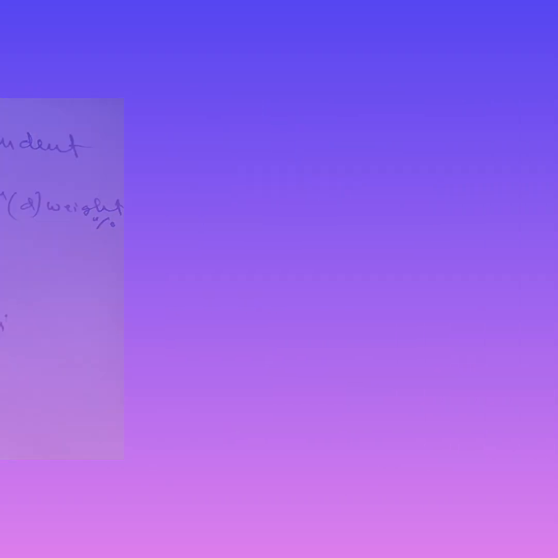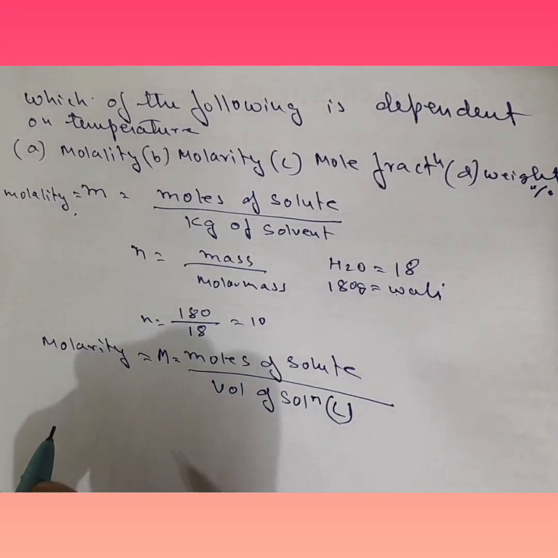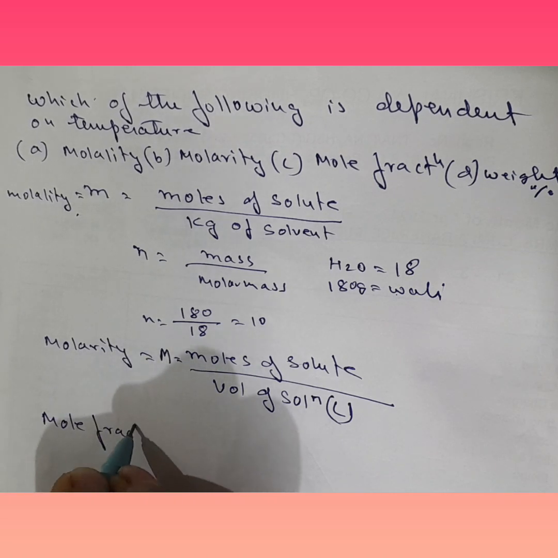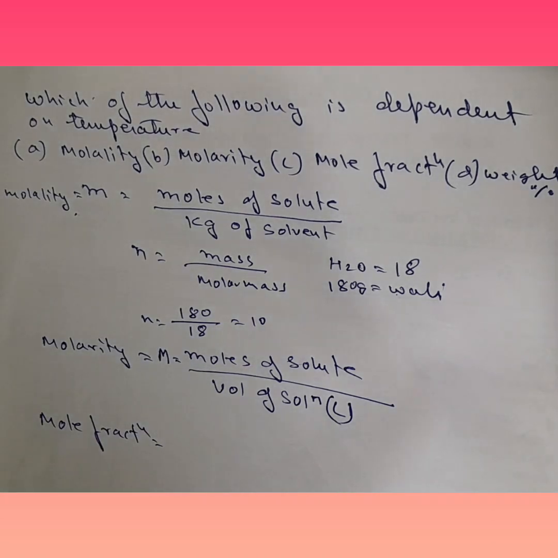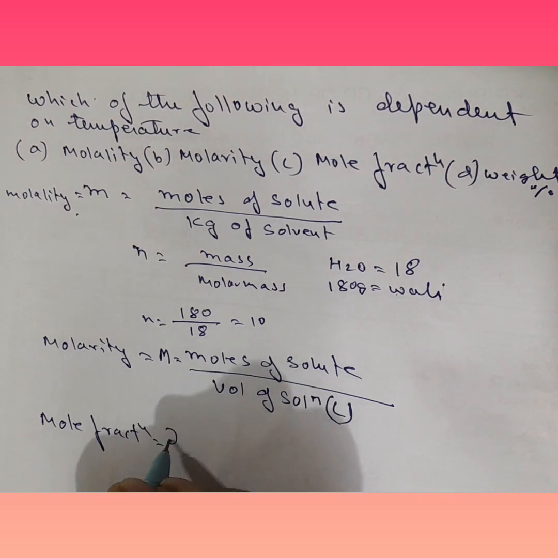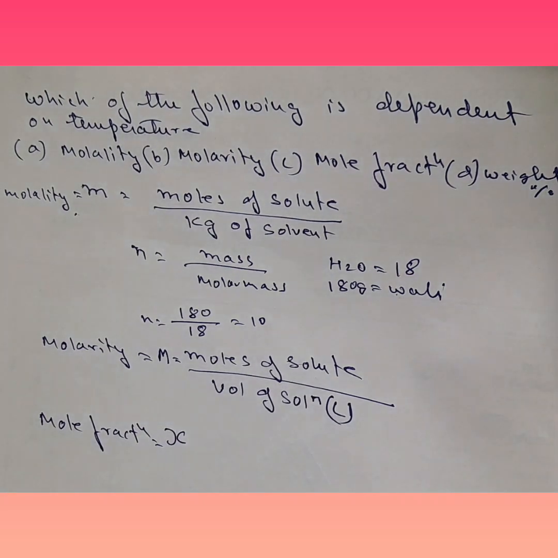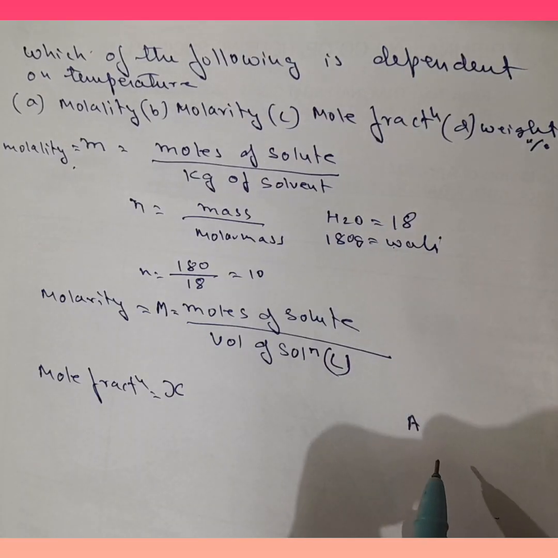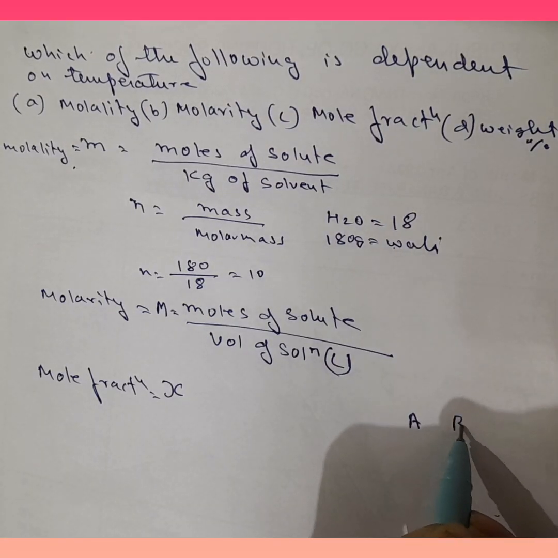Now, what do we understand by mole fraction? Mole fraction means suppose there are two components, like again as I told, sugar and water. Suppose I call A as sugar and B as water.